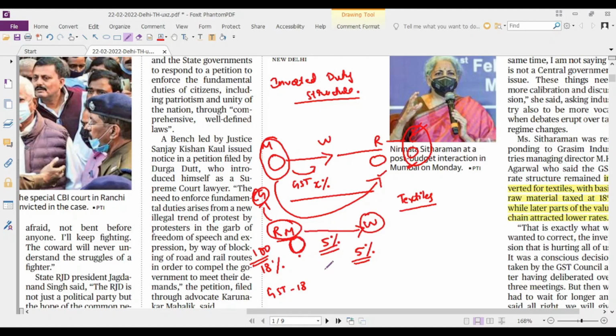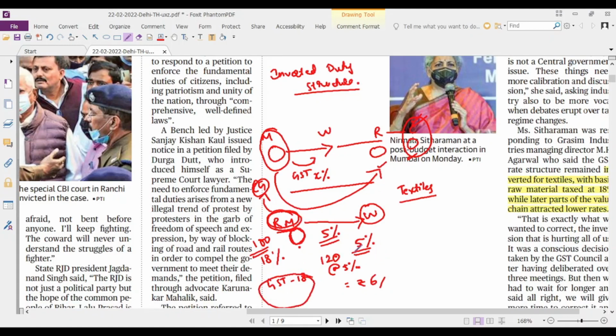So if the shirt is being sold for 120 rupees, 5% of 120 rupees would be just 6 rupees. So here you can see that the textile mill is paying a GST of 18 rupees on the inputs, but the GST on the final output would be just 6 rupees.